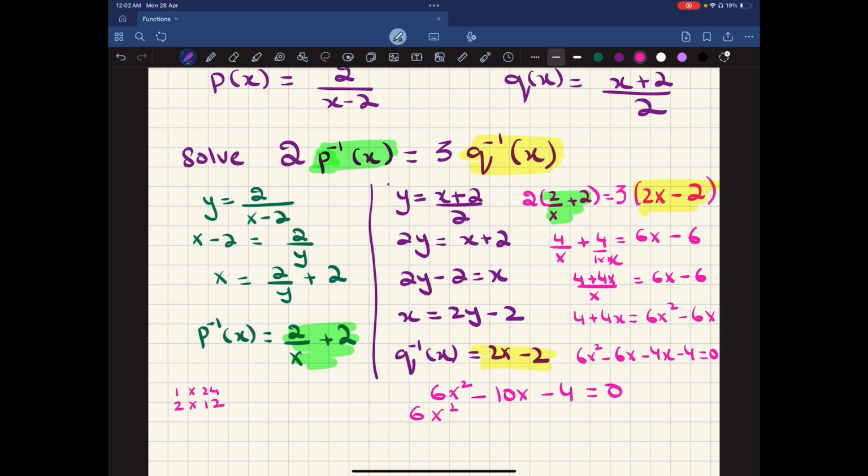Okay, so negative 12x plus 2x minus 4 is equal to 0. Let's take 6x common. X minus 2. Let's take 2 common. X minus 2. 6x plus 2. X minus 2 is equal to 0. So x is equal to negative 1 over 3 or 2.